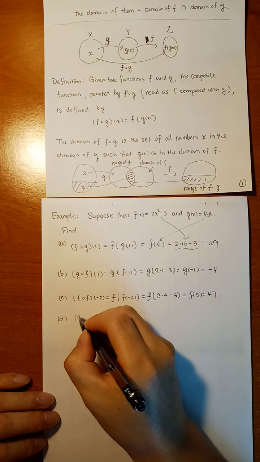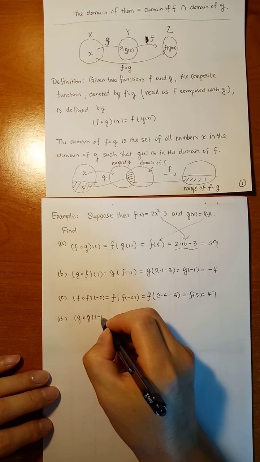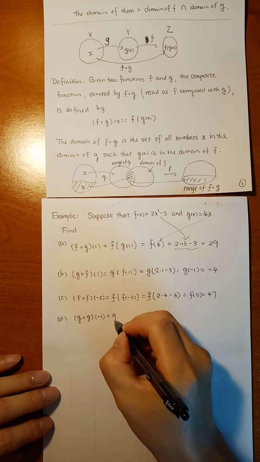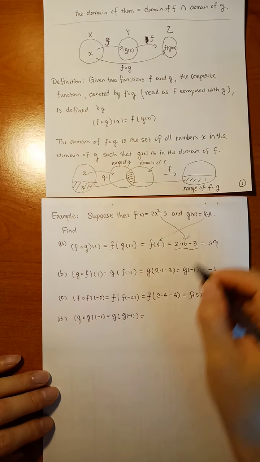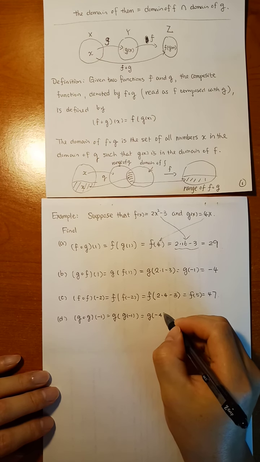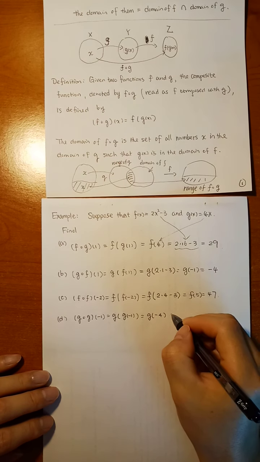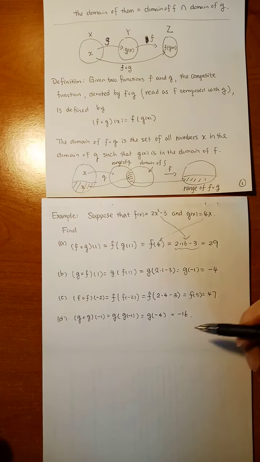Another one, g composed with g evaluated at -1. So it's g of g of -1. G of -1 is -4. G of -4 is -16, since -4 times 4 is -16. So this is the evaluation.